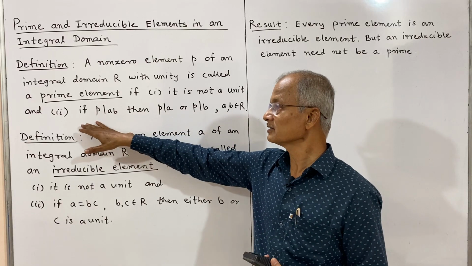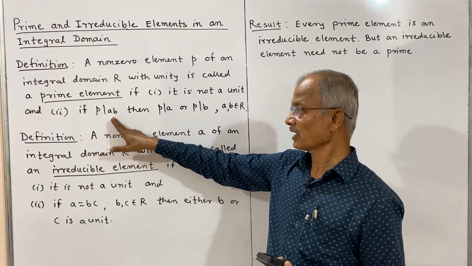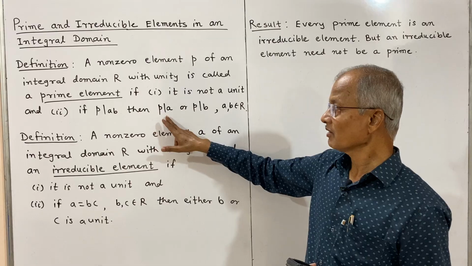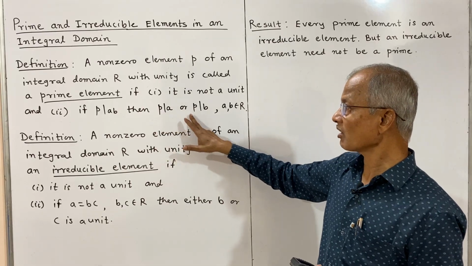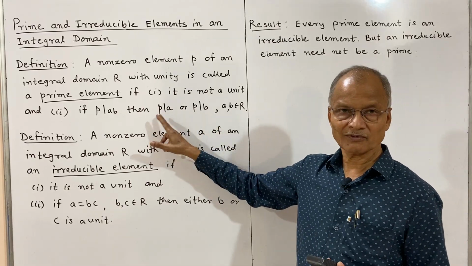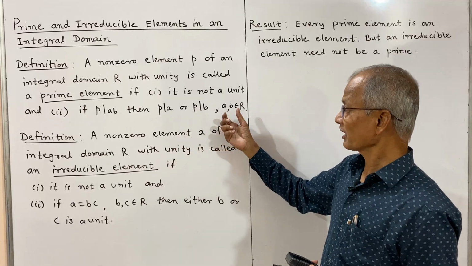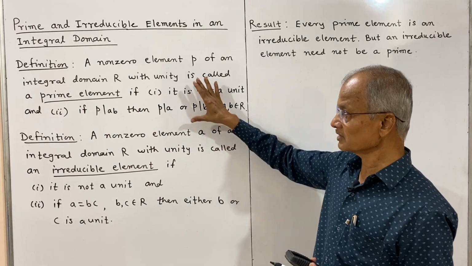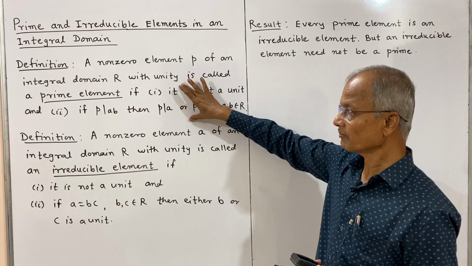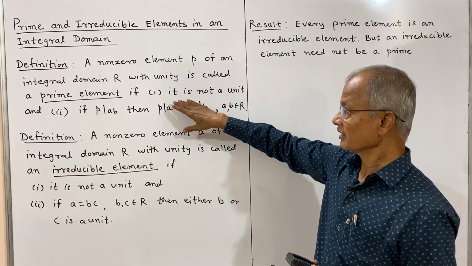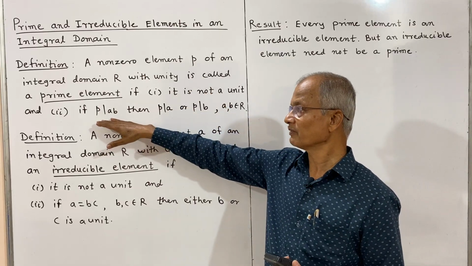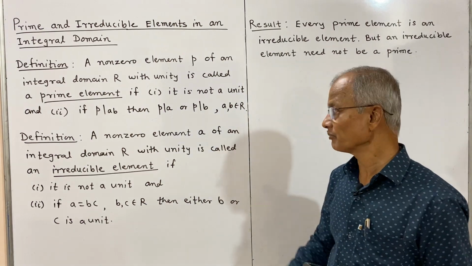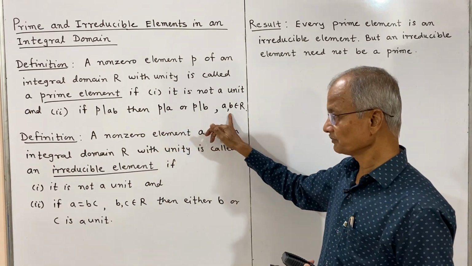And the second thing is, if P divides A into B, then P divides A or P divides B. P must divide one of them, for A, B in R. So this is the definition for prime element.